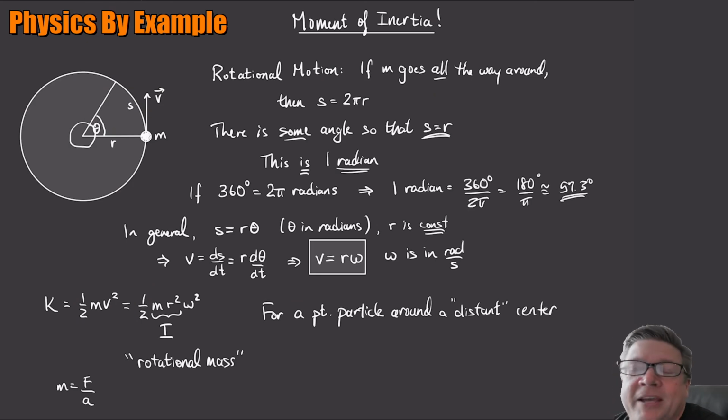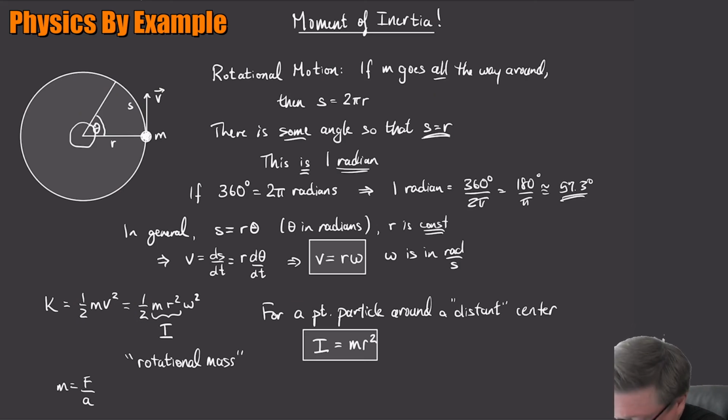The reason I'm trying to be careful is because I'm not saying that the mass is rotating about its own center. This is just a point mass rotating about some other center. So the moment of inertia, its rotational mass, is just mr squared. And we use that to calculate kinetic energies, rotational kinetic energies.